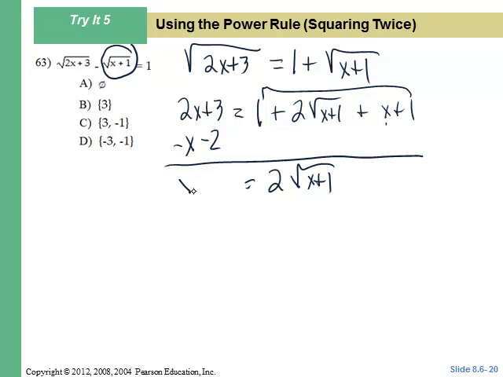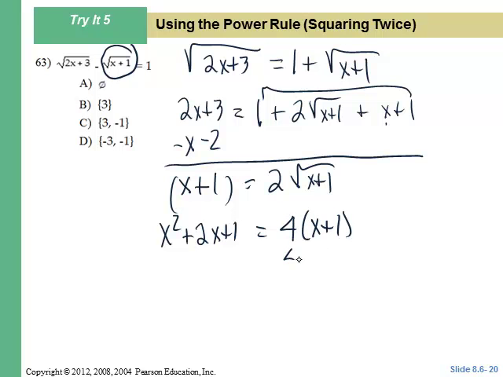equals x plus 1. Square both sides, you get x squared plus 2x plus 1 equals 4 times x plus 1, which is 4x plus 4.